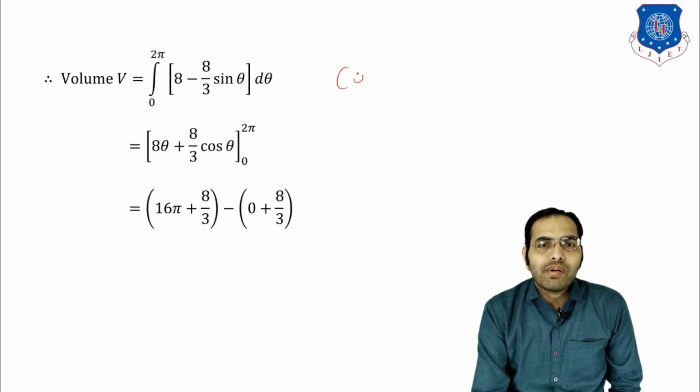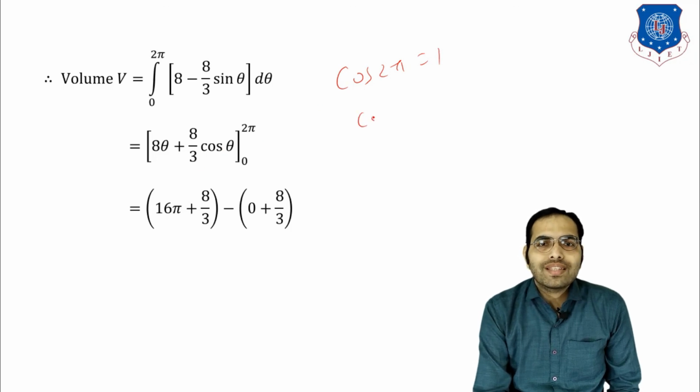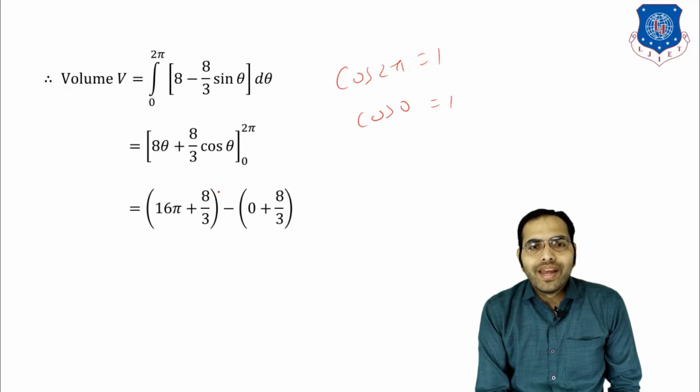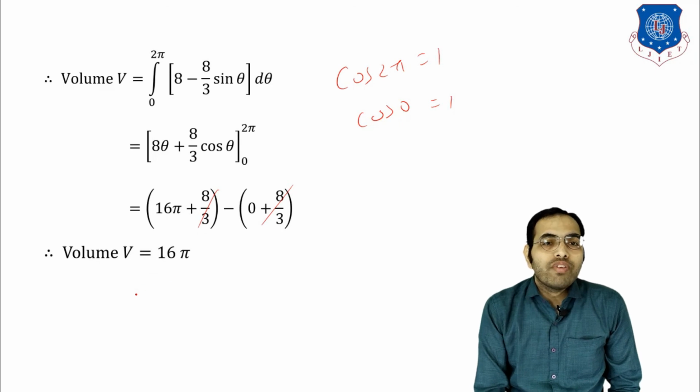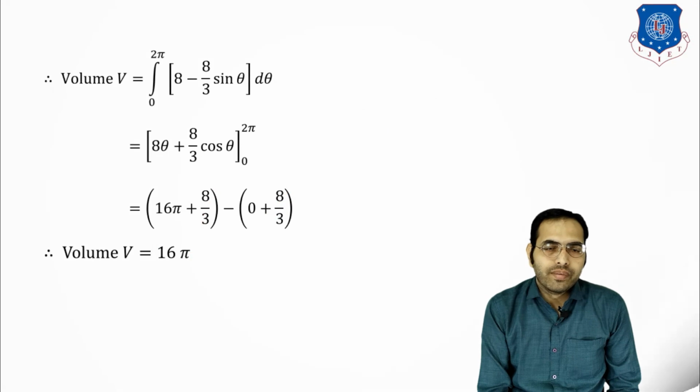You all are aware of the value of cos 2 pi, that is 1, so 8 by 3 into 1, minus 8 into 0, that is 0, plus 8 by 3 into cos 0, and the value of cos 0 is also 1. Then expanding this bracket, the 8 by 3 cancels out, and we get the volume V equal to 16 pi, which is what we had to find.